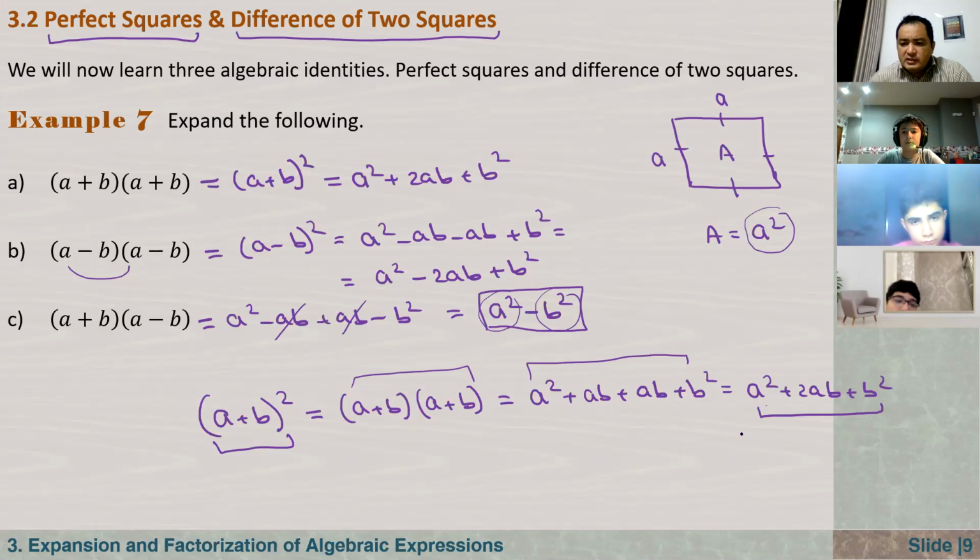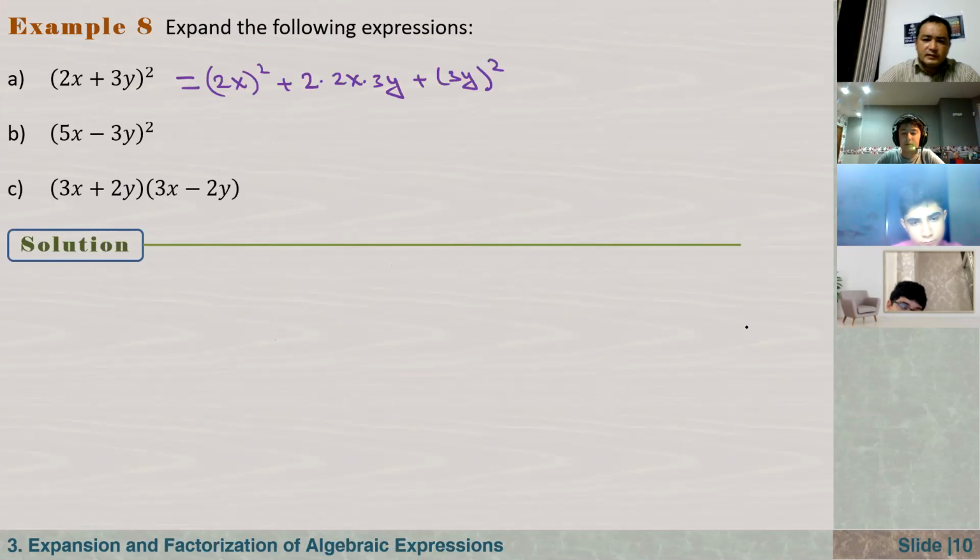I'm just using this formula because we have already proved it. So what we have here, (2x) squared is 4x squared, 2 times 2 times 3 is 12xy, and here we have 9y squared.